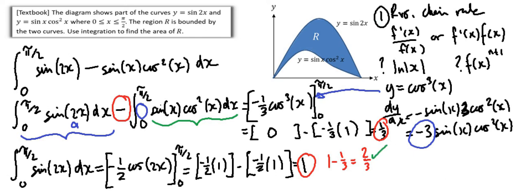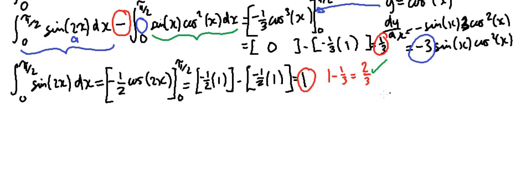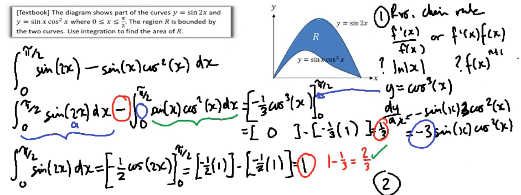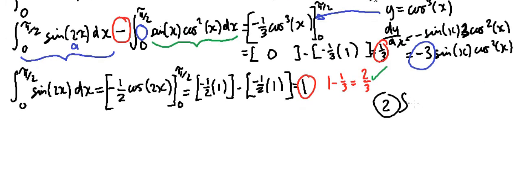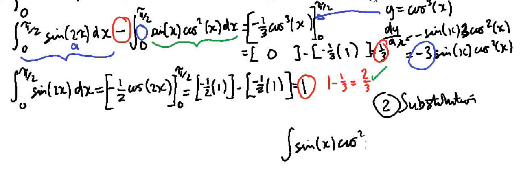Okay, so now this was method 1. What is method 2? So method 2, rather than doing the reverse chain rule, we can try substitution. Okay, so our integral is sine x cos squared x dx.